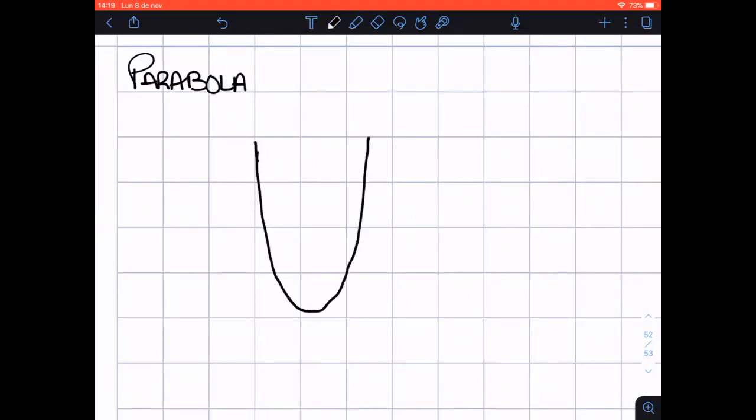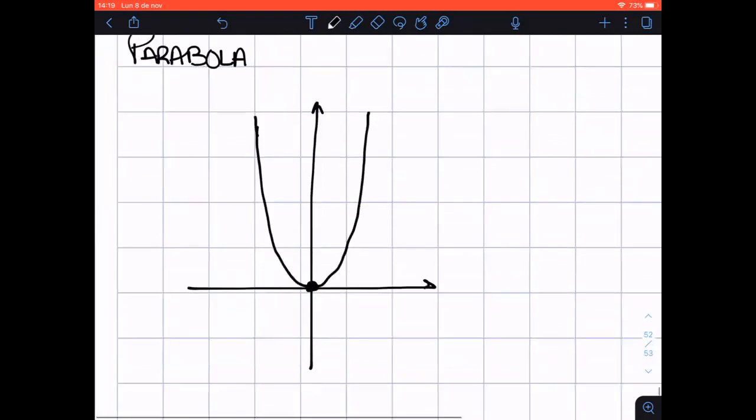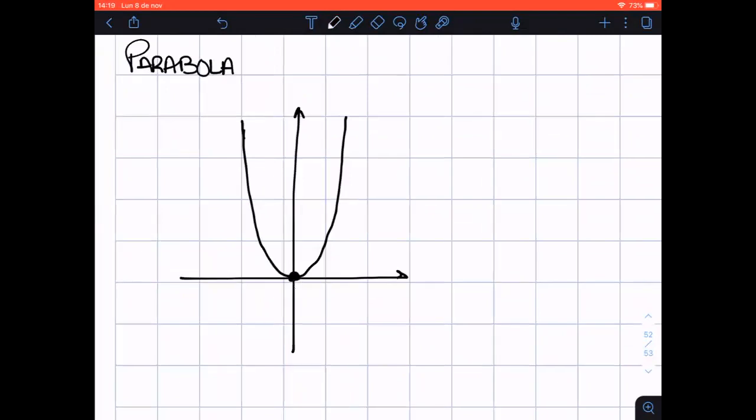If we position that curve exactly at the origin of the coordinate plane, with the vertex of that curve at the origin, you will have an equation that resembles y equals x squared, right?